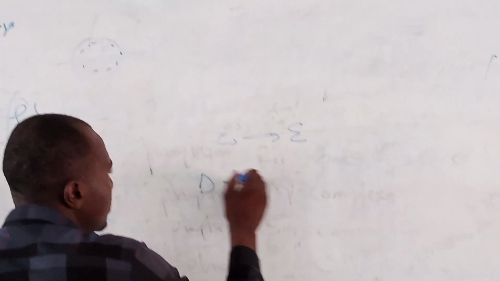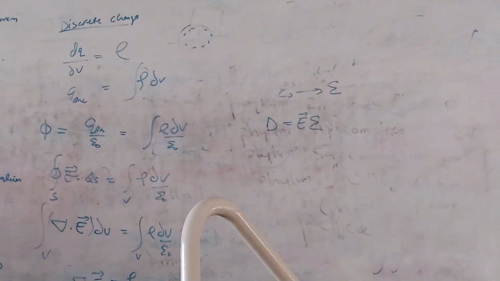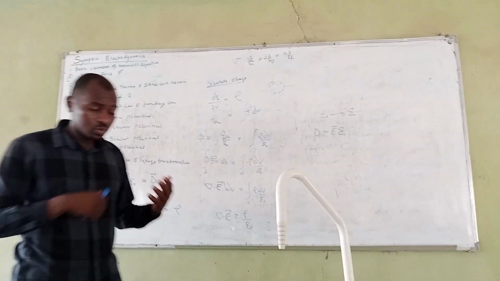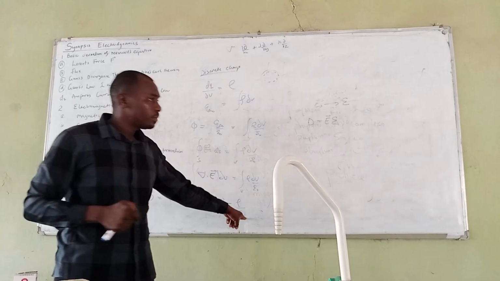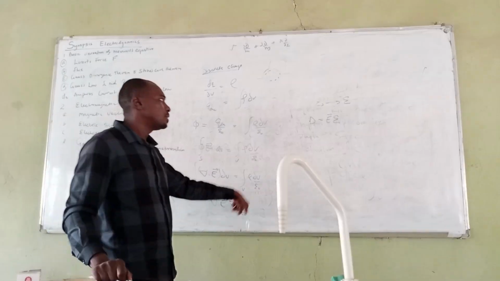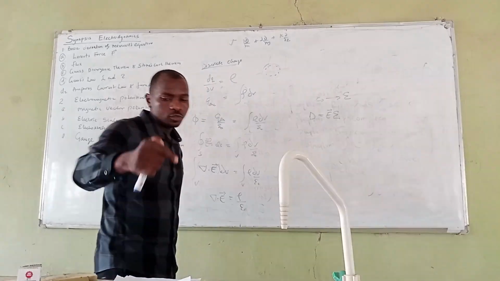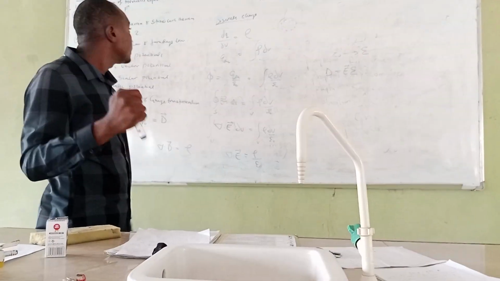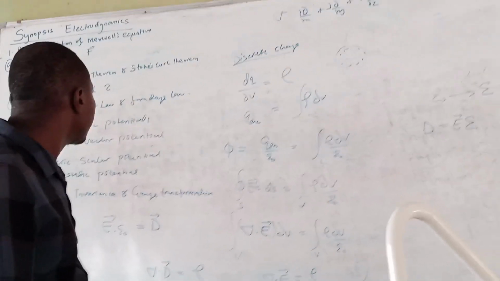So that D is equal to epsilon E. So that is what is happening. So in some computations, they will ask you linear isotropic medium, and if you use permittivity of free space, you fail. And this is known as permittivity of the medium, because the medium must also have its own permittivity, isn't it?